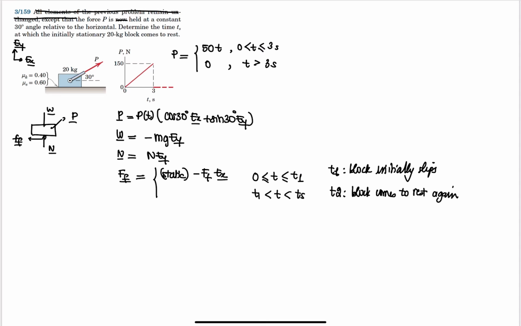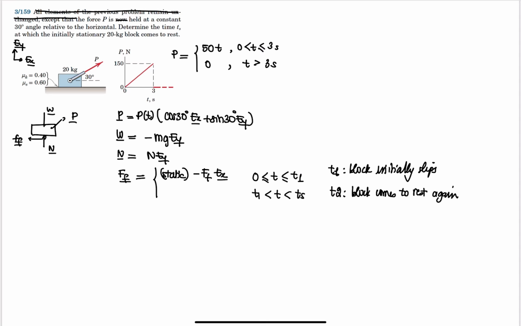Why will the block come to rest again? Well, because force P is going to be applied to it and accelerate it until at t equals 3 seconds, force P is removed. Then the block is going to start decelerating because of friction. So friction is still going to be kinetic, but it's going to decelerate the block. There's no force P that's pushing the block forward. So the block is going to decelerate until it stops.